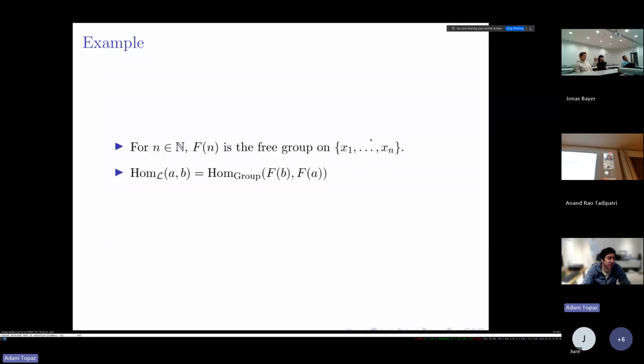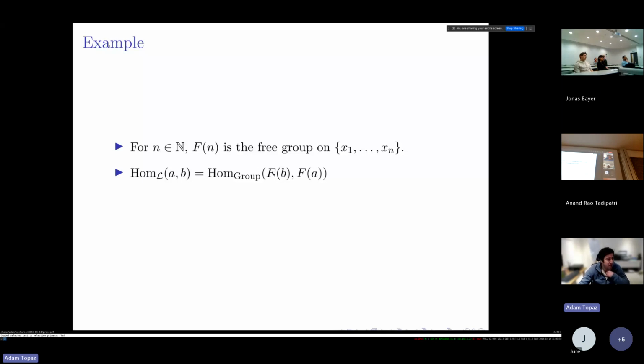And right off the bat, I'm going to tell you what the morphisms are in this category L. So the morphisms from A to B, where A and B are natural numbers, are going to be the group homomorphisms from the free group on B letters to the free group on A letters. So notice the order is reversed here. A comes first, B comes second, but here B comes first and A comes second. Okay, so this is the definition.